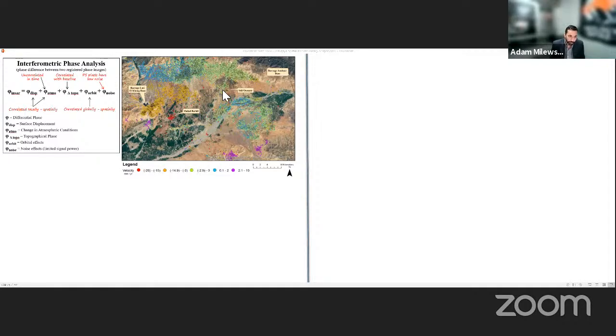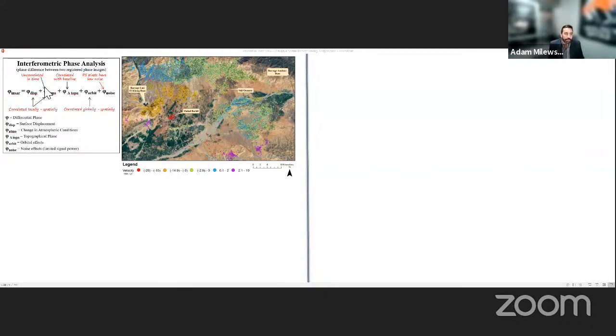So when we get a phase of a radar image, what we're actually looking at is the displacement of land, impacts from the atmosphere, impacts from topography, impacts from an orbit, and then any noise we have.